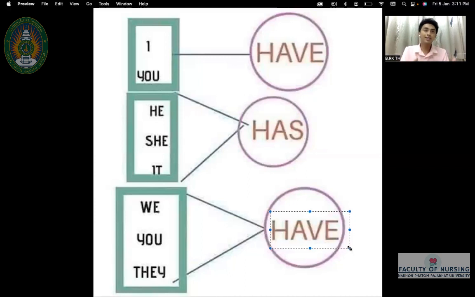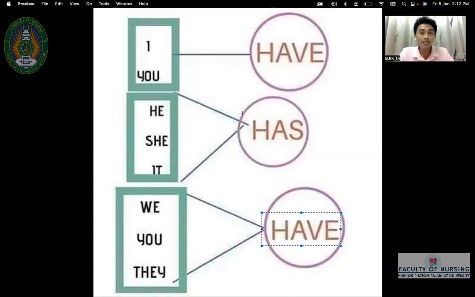So you can say, for example, they have a meeting. You cannot say they has a meeting. That's wrong in grammar. Okay? So, do they have a meeting? You always use the word have. You cannot use the word has because has is only used for singular or only one.